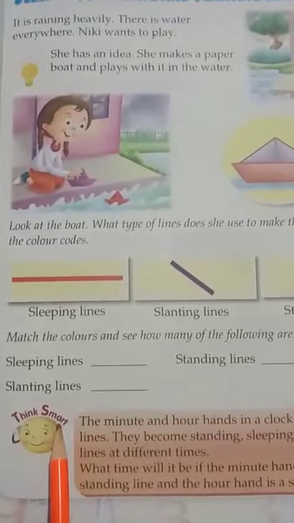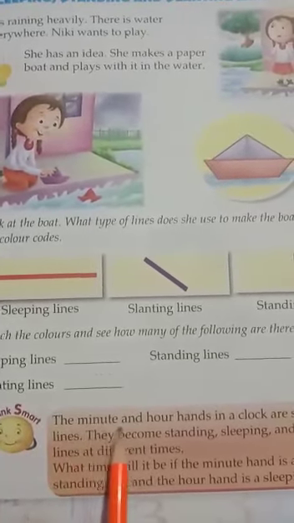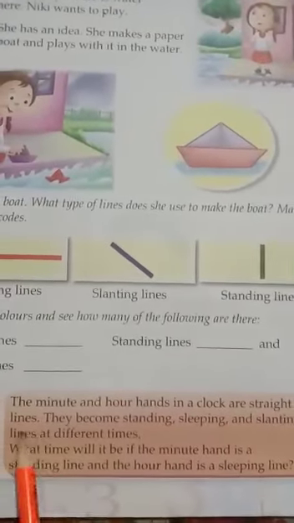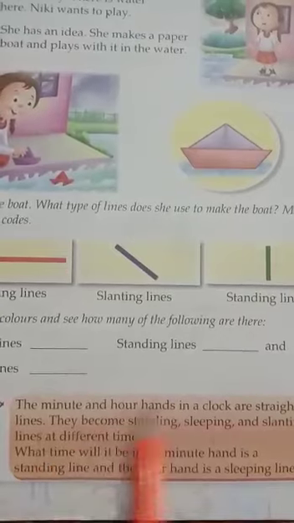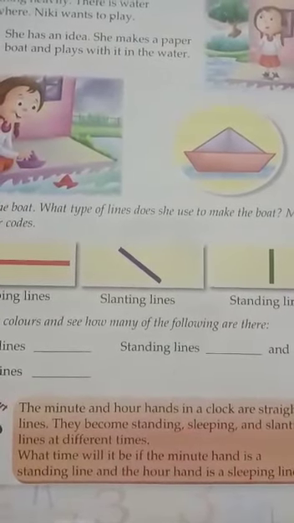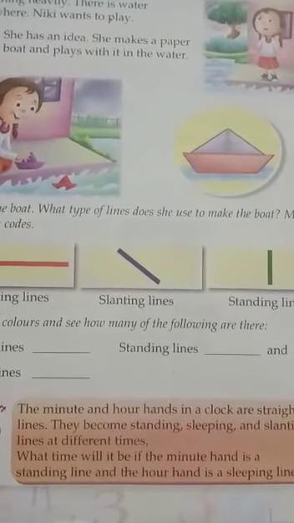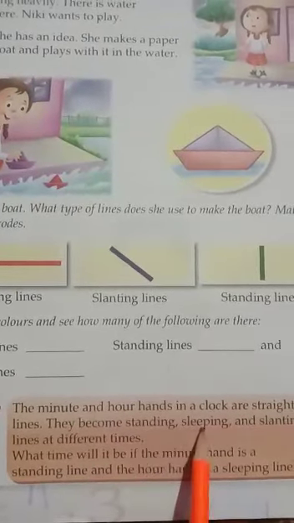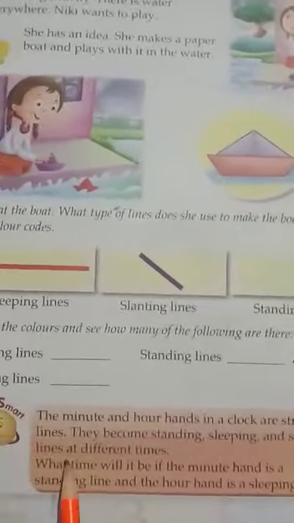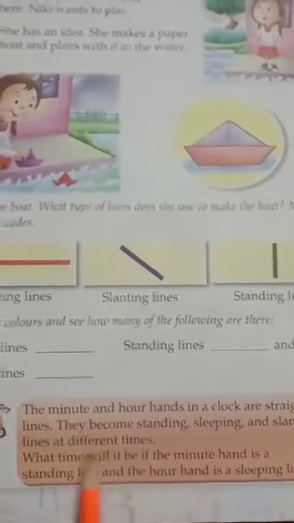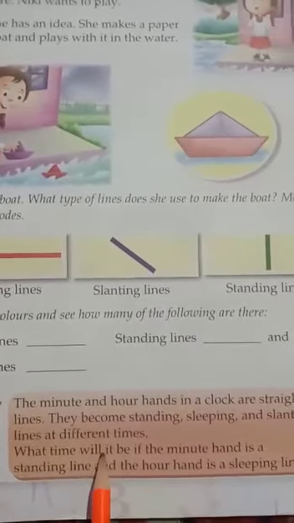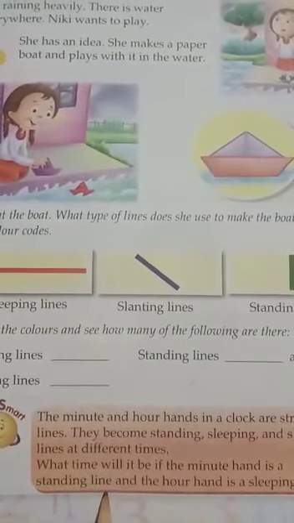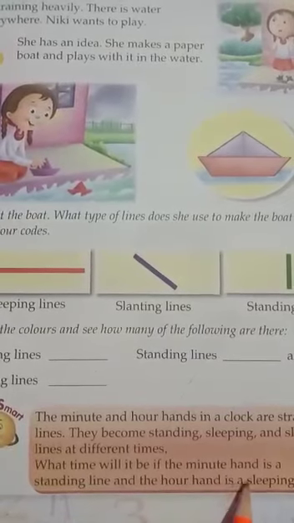Think smart. The minute and hour hands in a clock are straight lines. They do not change their direction, right? They become standing, sleeping and slanting lines at different times. What time will it be if the minute hand is a standing line and the hour hand is a sleeping line?